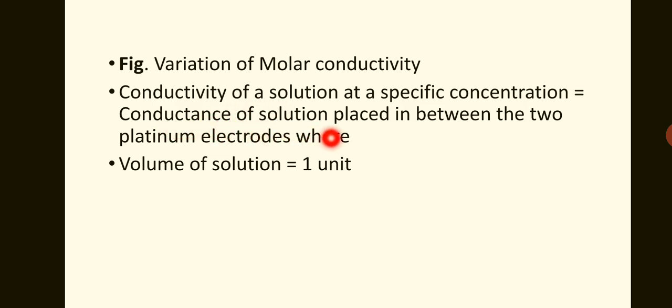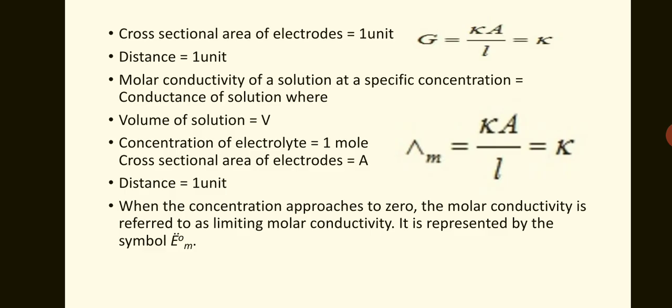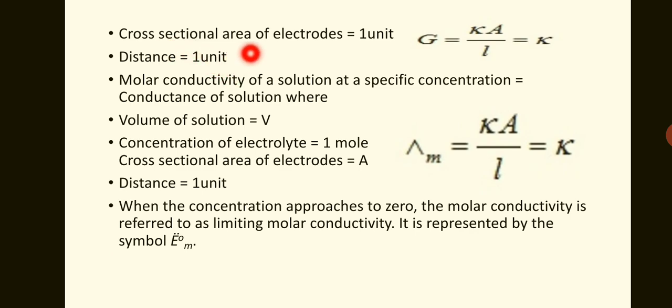The conductance of solution placed between two platinum electrodes, where the volume of solution is 1 unit, the cross section area of the electrode is 1 unit, and the distance between these two electrodes is 1 unit, then G becomes K, or molar conductivity lambda m becomes equal to K.